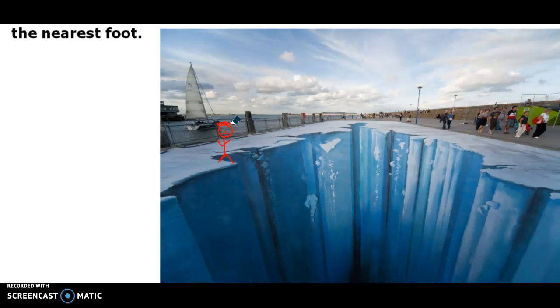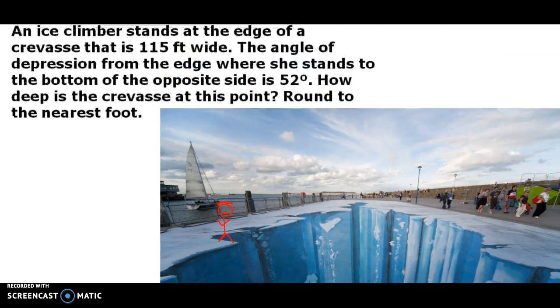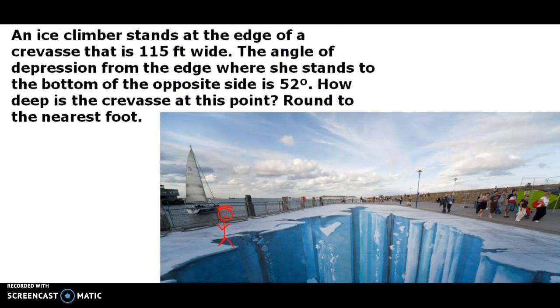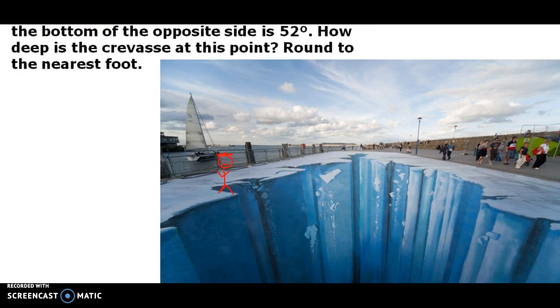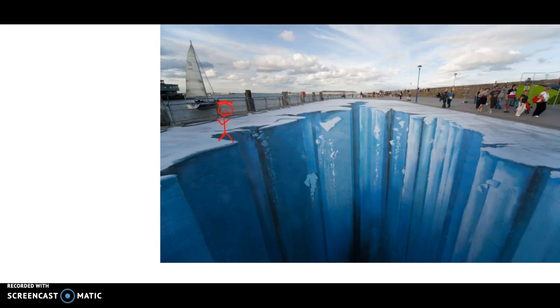Now it says he has a horizontal line of sight. Well, I guess it doesn't say that, but we know that because of this. So first of all, something that we can label, the crevice is 115 feet wide. We know that. So if you don't want to draw an ice crevice, you don't have to, but draw a horizontal line.